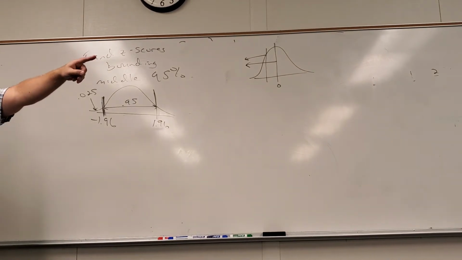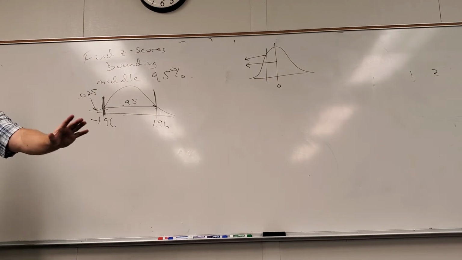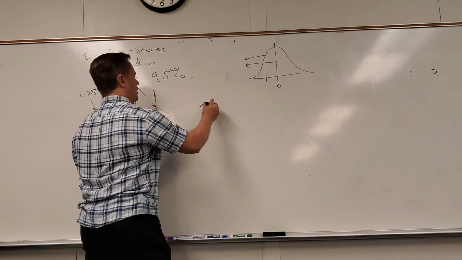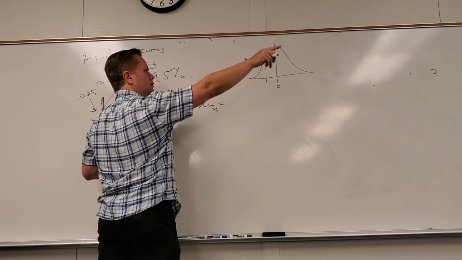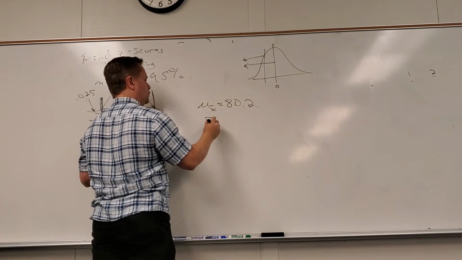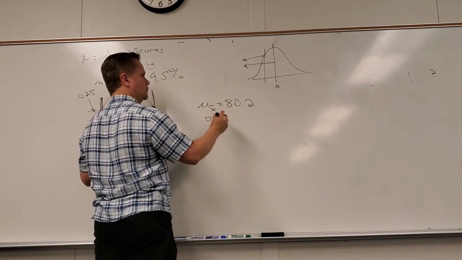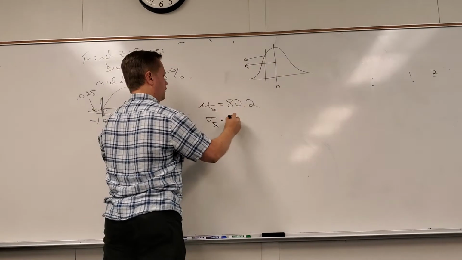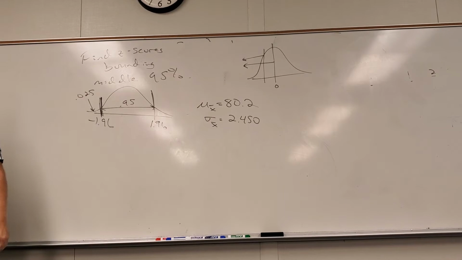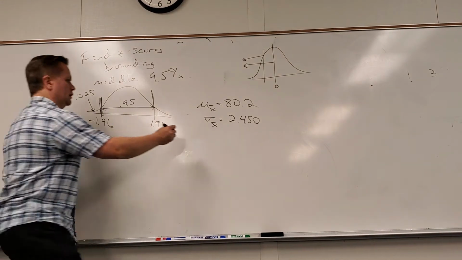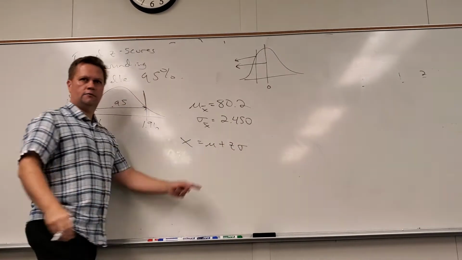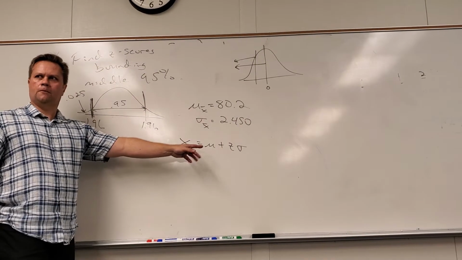Sample mean ages bounding the middle 95%. So the sample mean age was 80.2. The standard deviation of the sample mean ages was 2.450. You see that? So I'm still going to use this formula here.